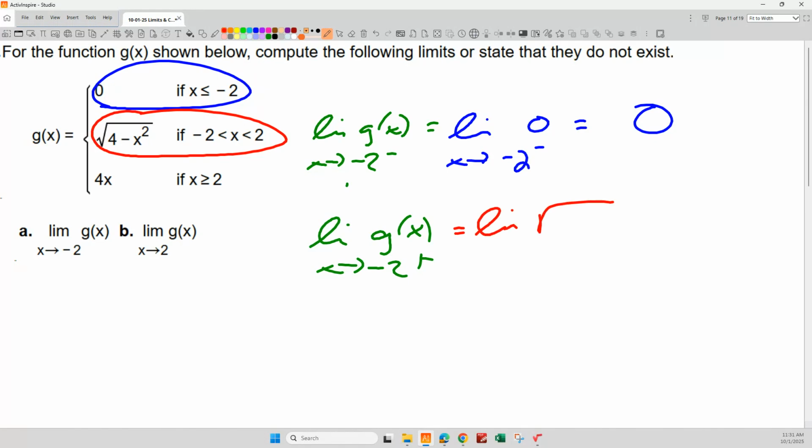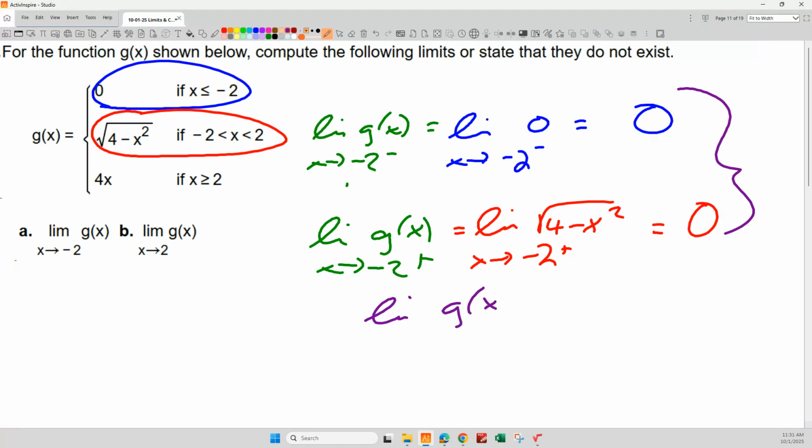So I get the limit of square root 4 minus x squared as x approaches -2 from the right. Well, that's going to give me what? If I evaluate that directly, 0. So the limit is 0. Okay, so that tells us the limit of g of x as x approaches -2 is 0.